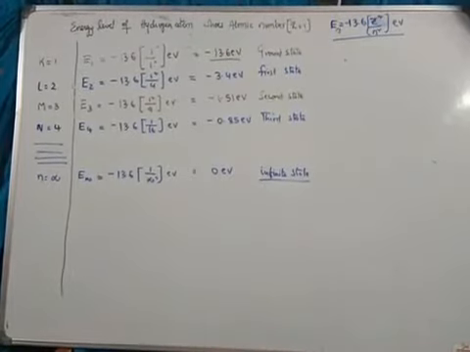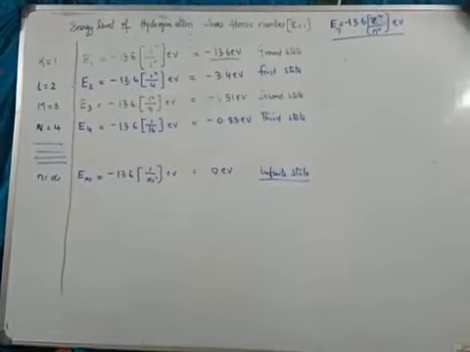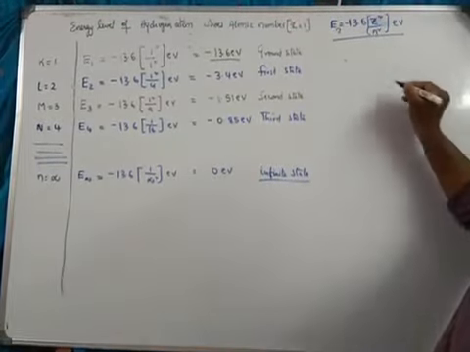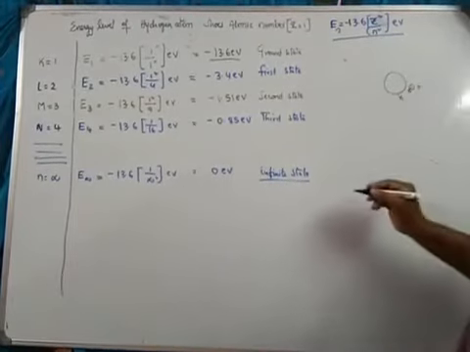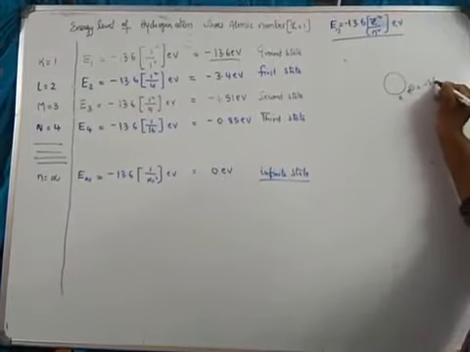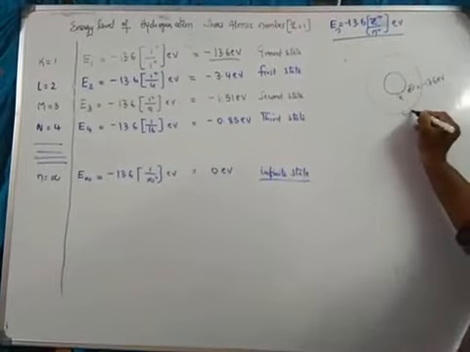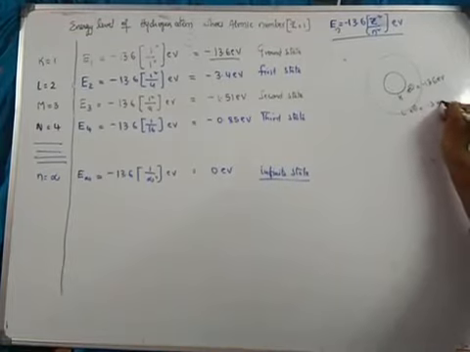So whenever we consider the hydrogen atom, whose atomic number Z is equal to 1, the energy formula for the nth term is minus 13.6 Z square by n square electron volt. Now it's clear. For the K shell, the electron revolves with the energy of minus 13.6 electron volt. In the L shell, the electron revolves with the energy of minus 3.4 electron volt.